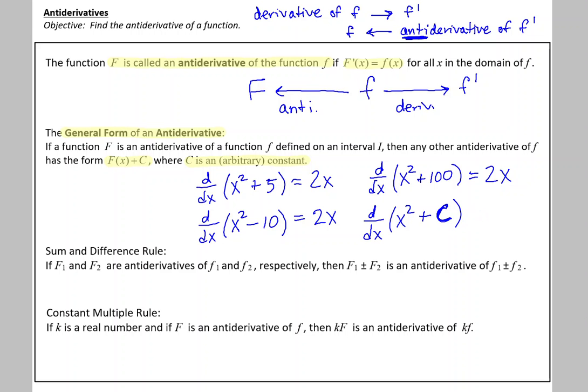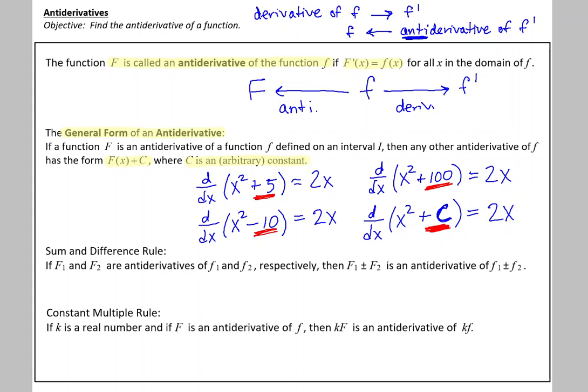That constant will always have the derivative of 0, no matter what it is, 100, negative 10, positive 5, it can be any arbitrary constant. That constant's derivative is 0. So the derivative will still be just 2x.